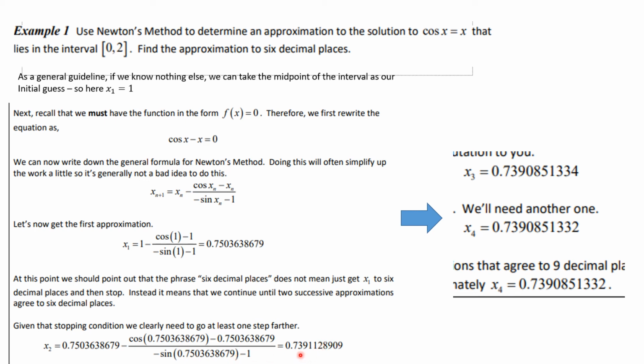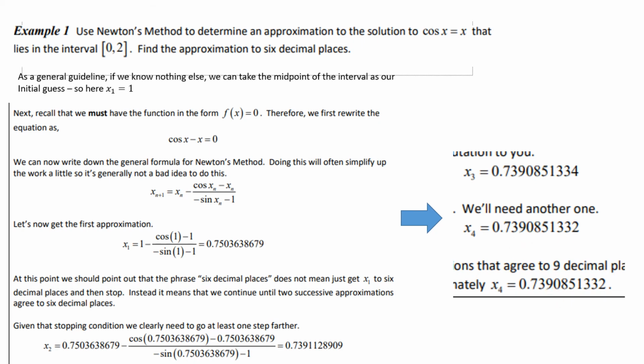Then I take this number and plug it in again to my recursion formula, and I get this number and this number. Now these agree to the right number of decimal places, and even more than that, it looks like 9, maybe 10 decimal places.